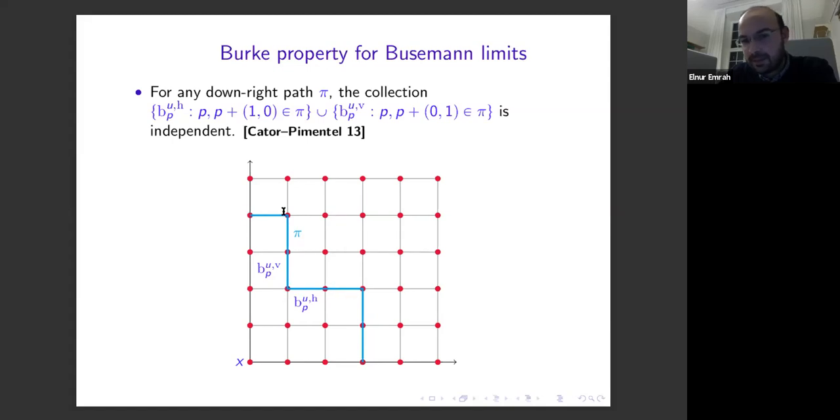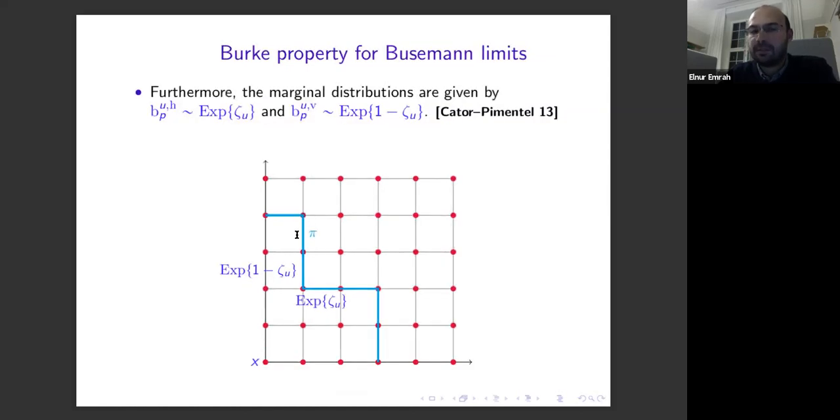Meaning that if you take any down-right path and look at the Busemann limits along that path, then those limits will be independent. Moreover, the marginal distributions are also known. They are just exponentials, with rates given by this critical parameter evaluated at direction u in which we take the limit.